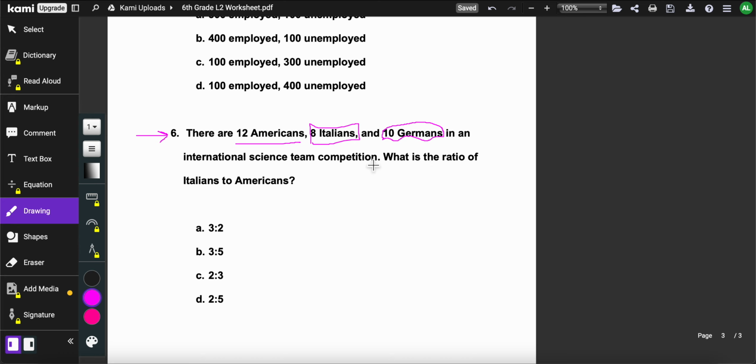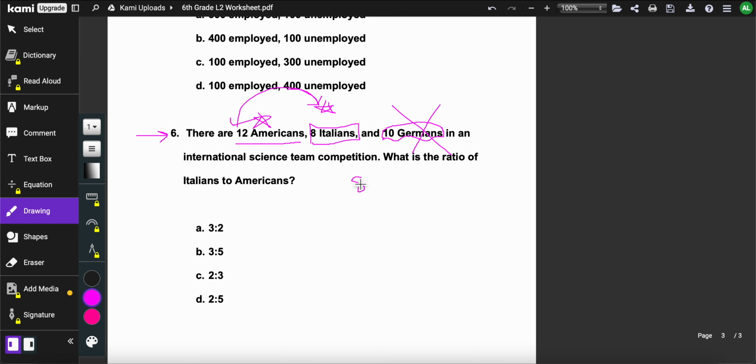So it's asking, what is the ratio of Italians to Americans? Just for reference, I want to draw a star next to them so you don't get confused. In this question, they're not looking for Germans, so we're going to ignore that. And note that it's asking the ratio of Italians to Americans, not Americans to Italians. So make sure you don't get these two messed up.